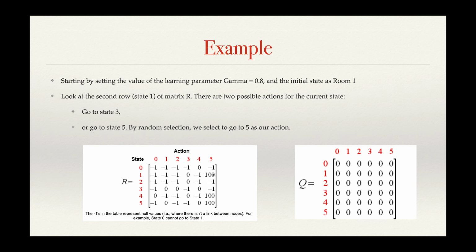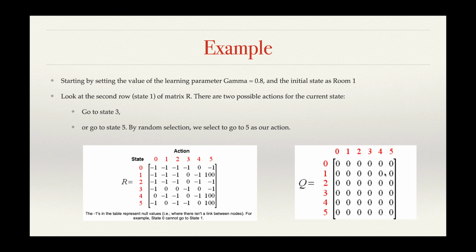Now the agent is taking its action from the Q matrix, just remember. So it doesn't know yet what the values are of taking 3 or taking 5 directly. Because it doesn't know at the beginning what action gives the maximum reward, it will select randomly.